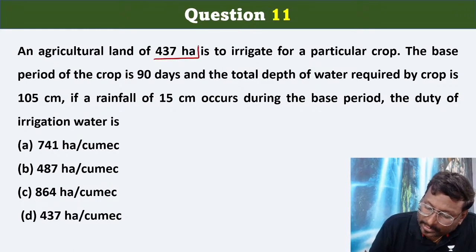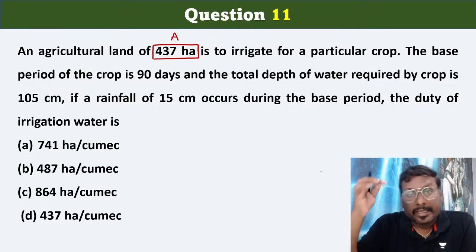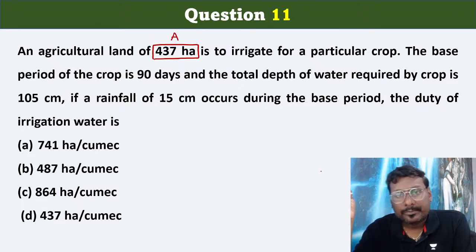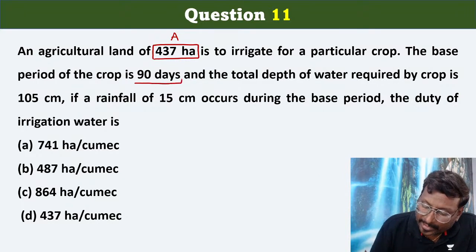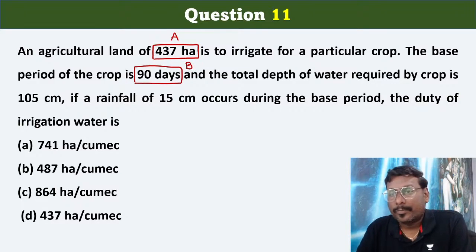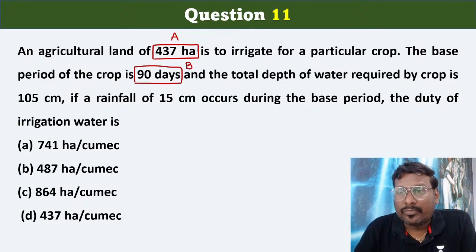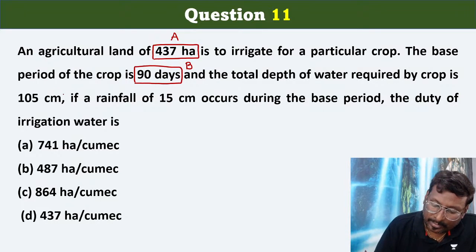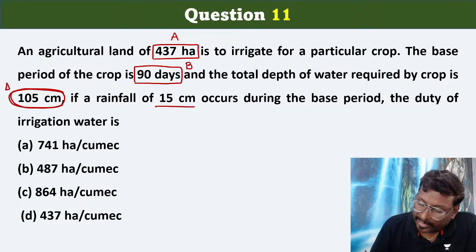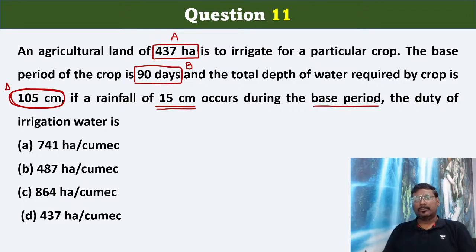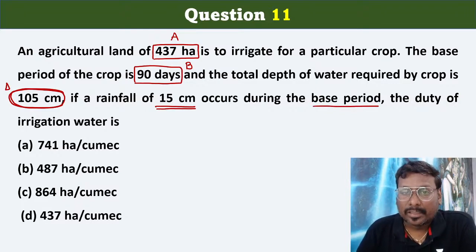Agricultural land of 437 hectare area, irrigated for a particular crop, base period of 90 days. Total depth of water required by the crop is 105 centimeter. Rainfall of 15 centimeter occurred during base period. Duty of irrigation water?